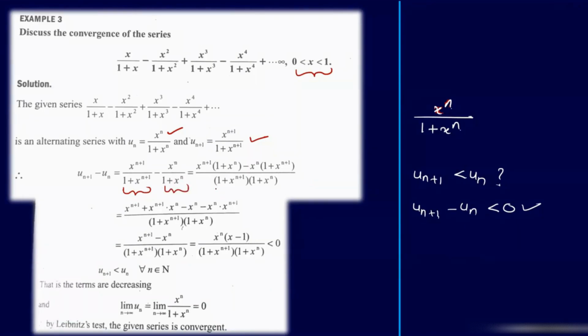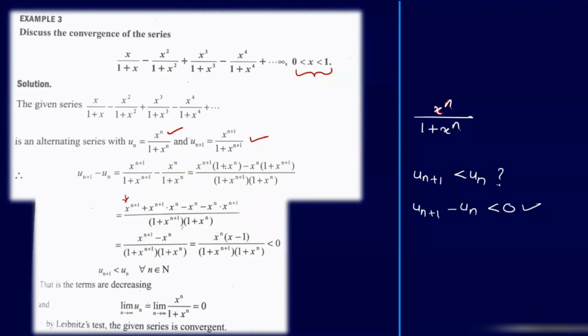So when you take the LCM, you'll get this as the denominator as usual. But in the numerator, again we are doing a kind of cross multiplication: x to the power of n plus 1 multiplied by 1 plus x to the power of n. Then minus, because we have a minus sign here, the product of the other two, x to the power of n into 1 plus x to the power of n plus 1. Now if you take the product, x to the power of n plus 1 into 1 gives x to the power of n plus 1, the first term.